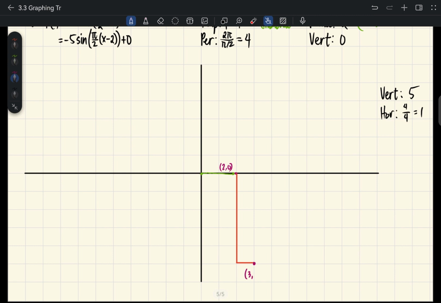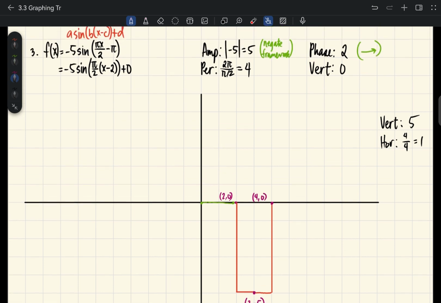And since we move down 5 units, we subtract 5 from your y-coordinate. So we have 3, comma, negative 5. Then after that, we move 1 unit to the right and 5 units up. We add 1 to your x-coordinate, we have 4. And we add 5 to your y-coordinate, so negative 5 plus 5, that's 0.